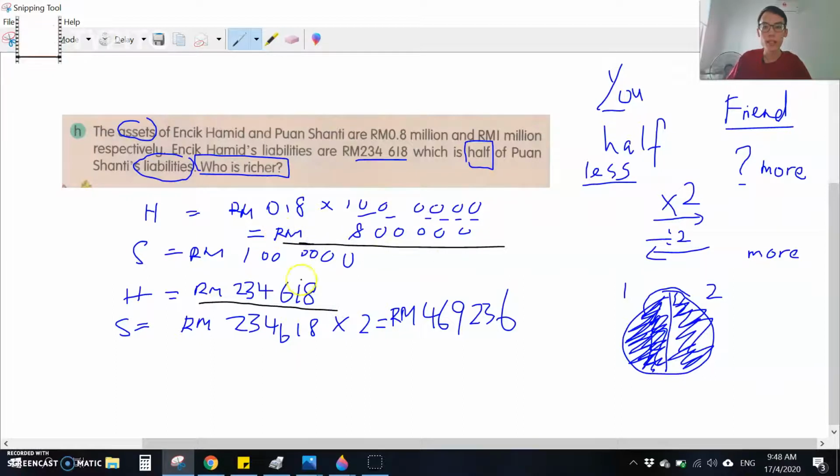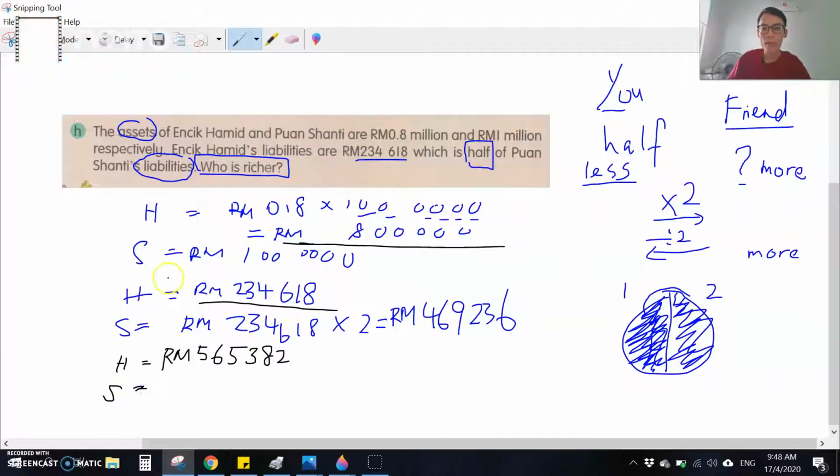Asset dia 800,000, tolak liability dia 234,000. So what he has left, you take 800,000 minus 234,618, baki dia ataupun kita panggil net worth. Okay, what we call net worth. Asset you minus liability, you get your net worth. 565,382. This is for Encik Hamid.